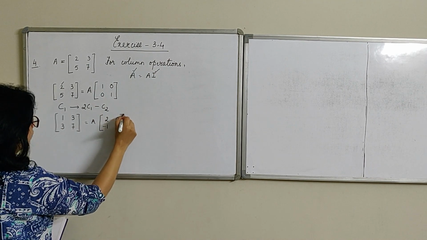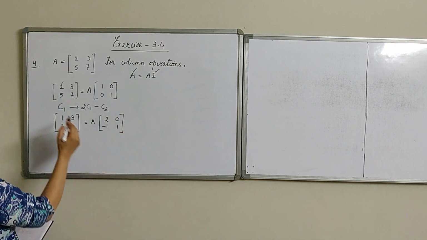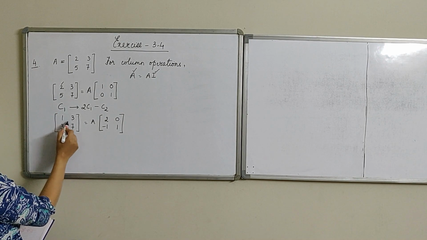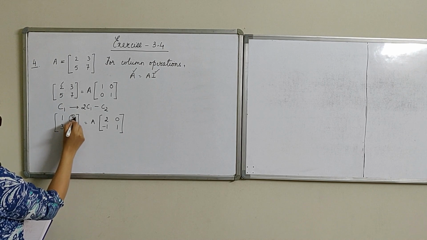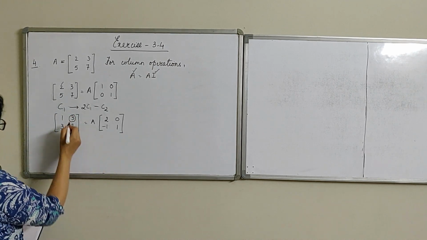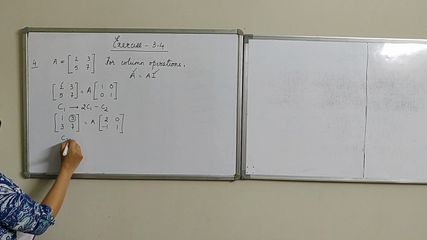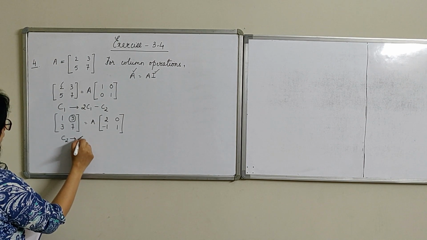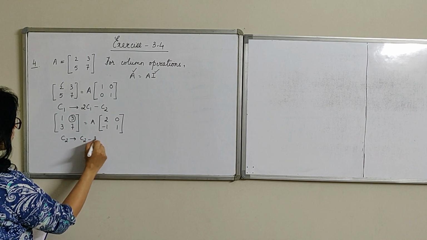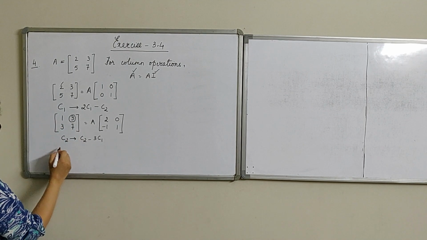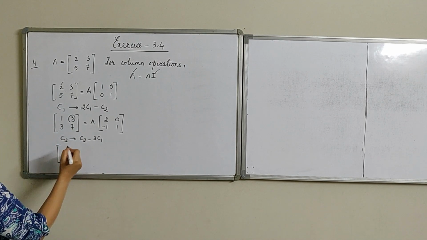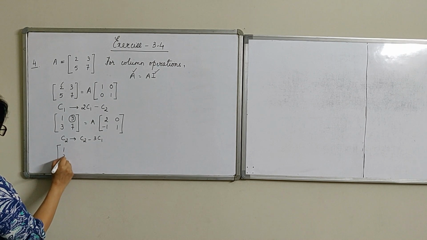As I have said, while using column operations, we will ensure that the row elements are obtained. So this is the element we want to convert to a 0. This element is in the second column. So changes in second column as C2 minus 3 times C1. 3 minus 3 times 1 will give us 0. So first column remains as such.